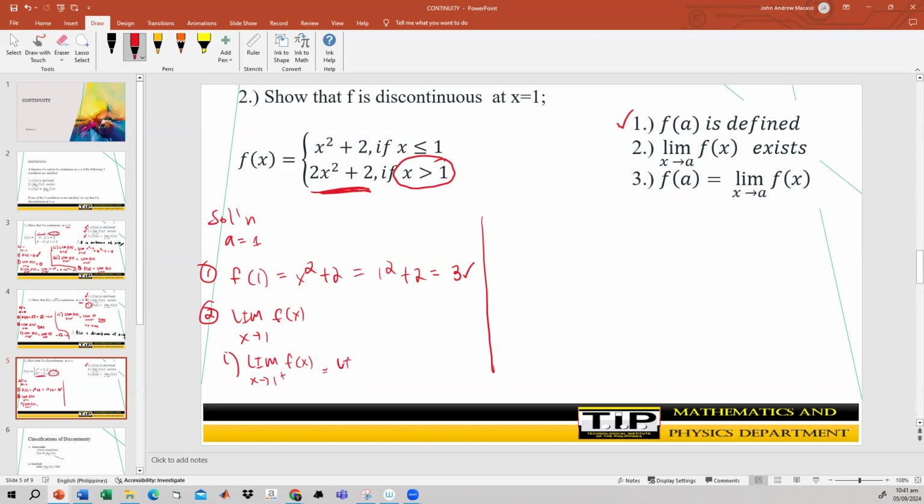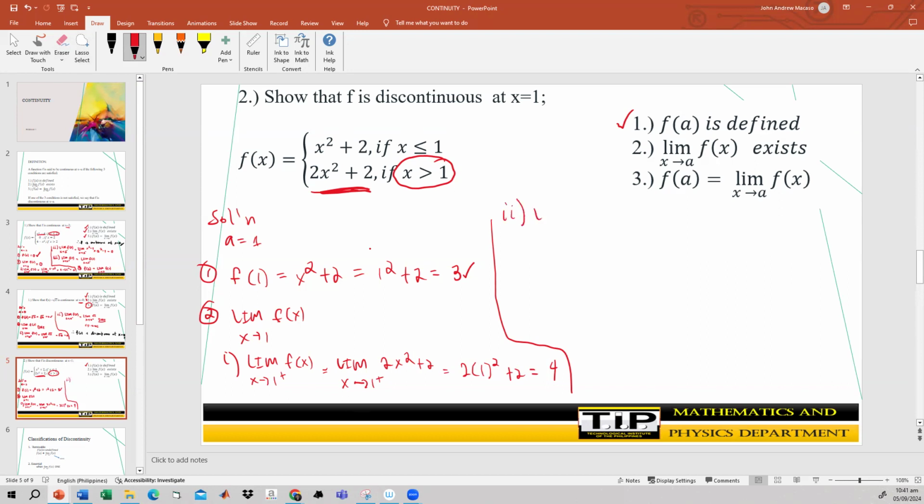This can be written as the limit of 2x squared plus 2 as x approaches 1 from the right. You just substitute it directly, so you'll have 2 times 1 squared plus 2, which leads to 4. So for the right side limit, yes, it exists and the value is 4.